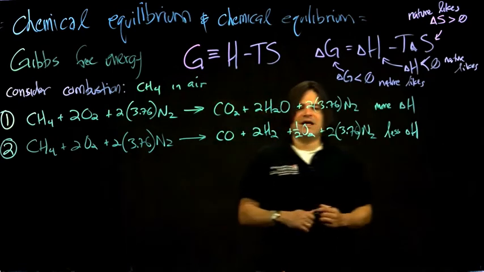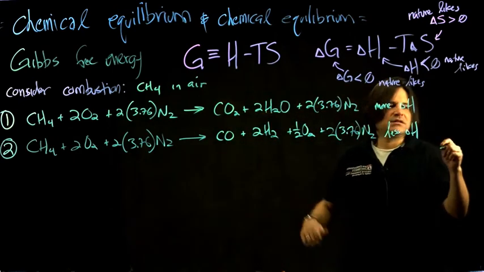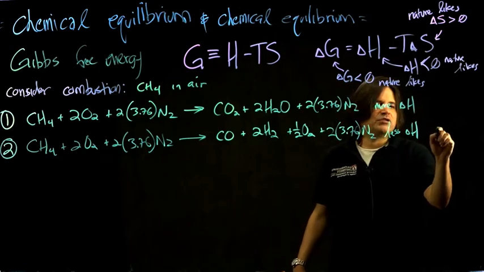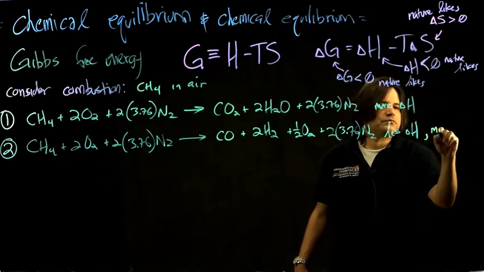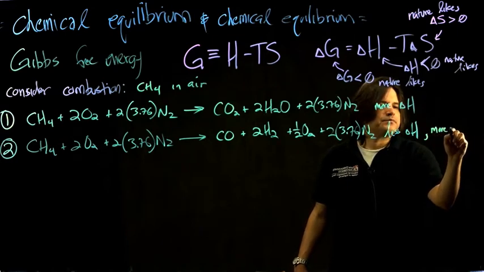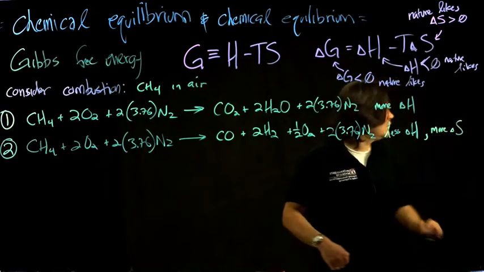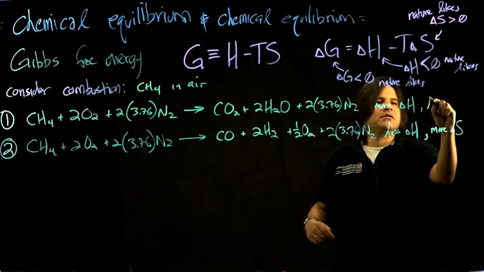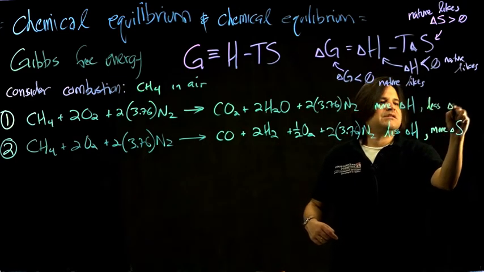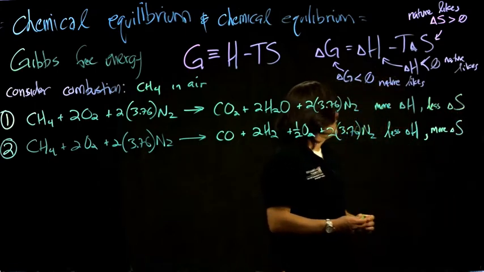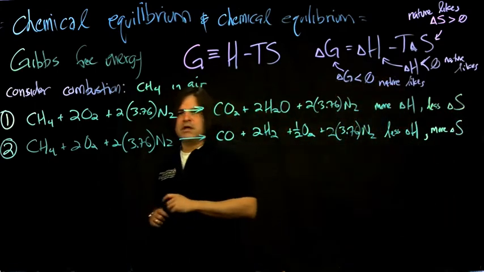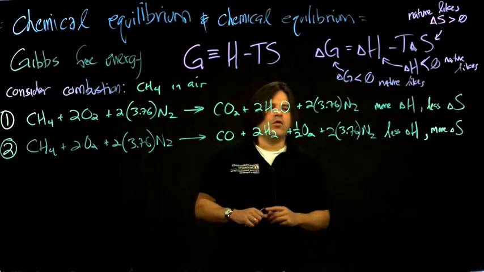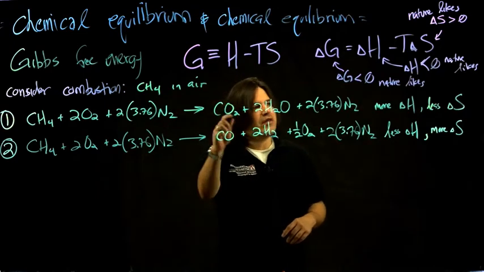So this is actually more delta S. The entropy increased more. More delta S, and so there's less molecules here, so it's less delta S. So that's going to form a competition between these two pathways.